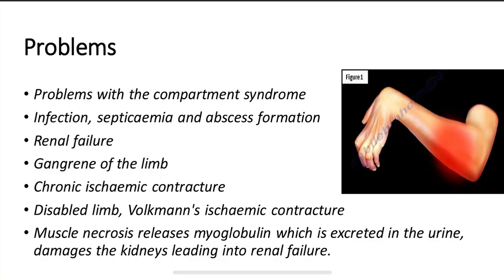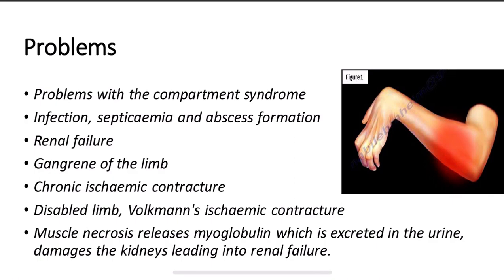The problems with compartment syndrome: infection, septicemia, and abscess formation can occur. Renal failure, like I told you earlier: the damage to the muscle releases myoglobin, which is a toxic substance, and once it accumulates in the kidney more than it is excreted, it will damage the tubular cells of the nephrons, and then there will be renal failure.